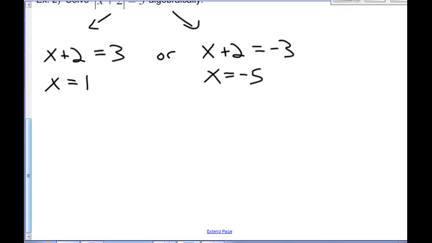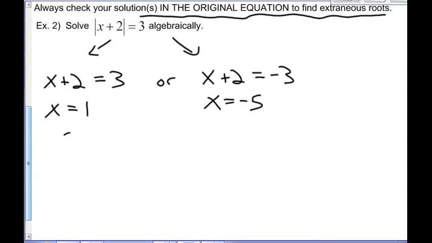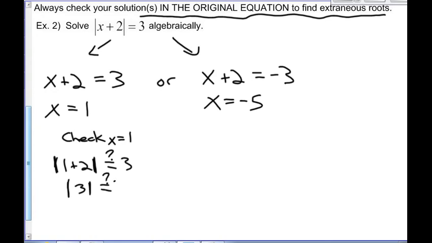But again, let's check them. So if I check x equals 1, I'm saying, is the absolute value of 1 plus 2 really equal to 3? Is the absolute value of 3 3? Yes, it is. This is a solution. Okay?